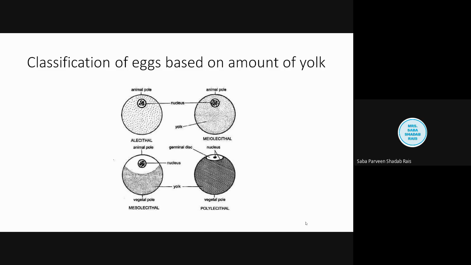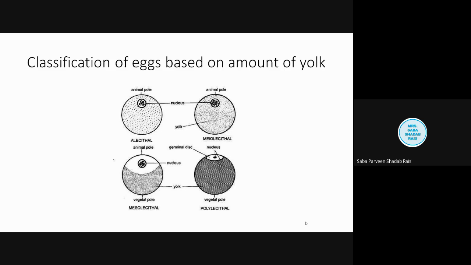Further subdivisions are there. In the case of the oligolecithal egg, the term oligo means very few, negligible. Lecithal means it is related to the amount of yolk. So in oligolecithal eggs, a very small amount of yolk is present.